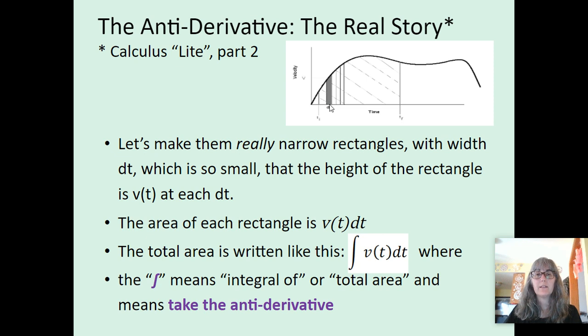And then our base is going to be that dt. So it's going to be v of t dt. If we were to then count up all of those little v dt's, we could write that using the integral symbol. This little curvy S thingy is the integral symbol, which means that we're going to take the integral of v dt. That means find all of the area.